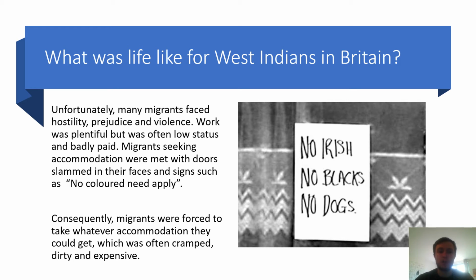So a really hard and horrible and racist card, but it's history. It's something that we need to look at and read about and learn from so that it doesn't happen again. So pause the video and read this slide.